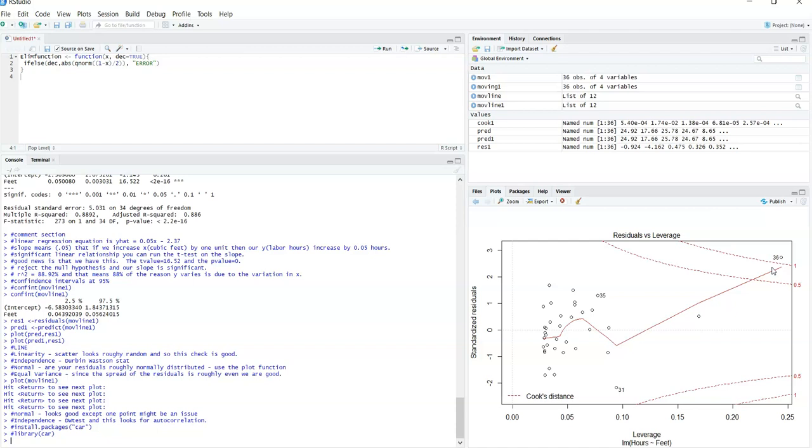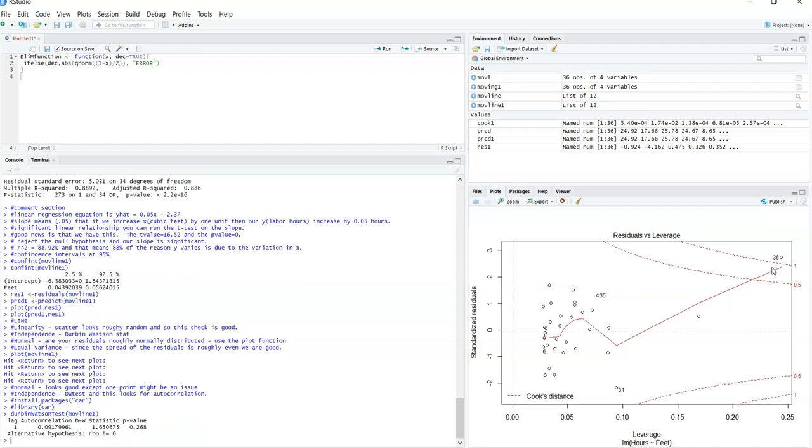If you run install.packages car and library car, you will have the Durbin-Watson test. Now if I just start typing Durbin, the Durbin-Watson test comes up. I'll leave you to look up the details of the Durbin-Watson test, but in RStudio it's really quick to run, just as you see, the Durbin-Watson test on my linear model, and boom, out pop my values.